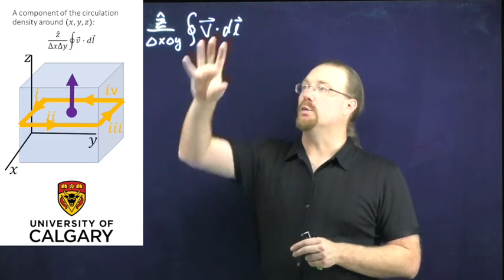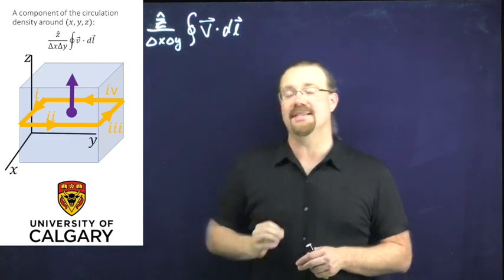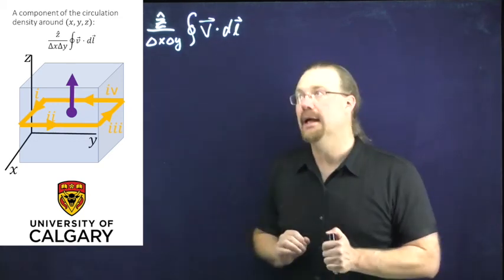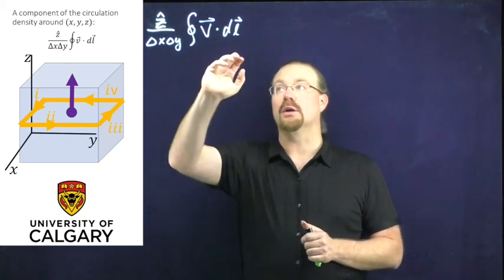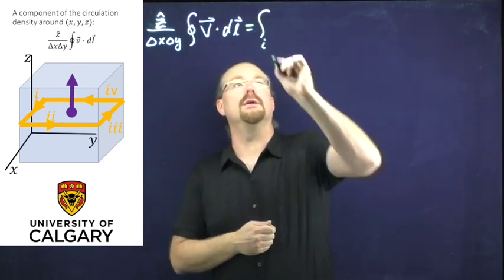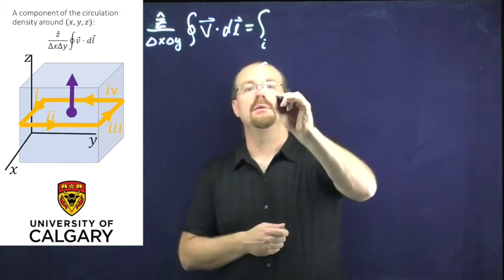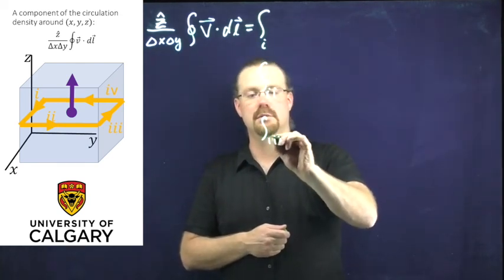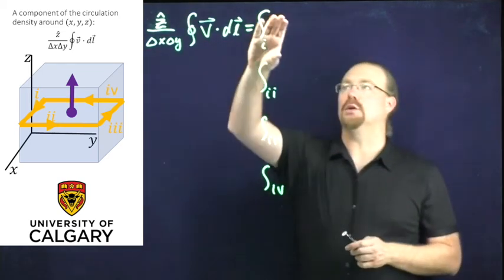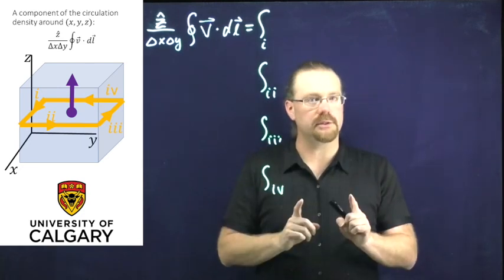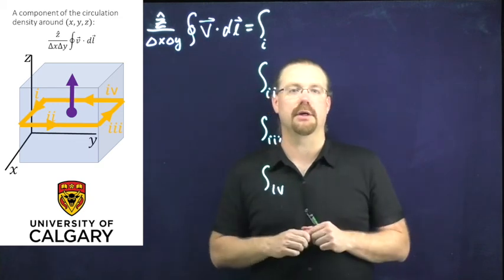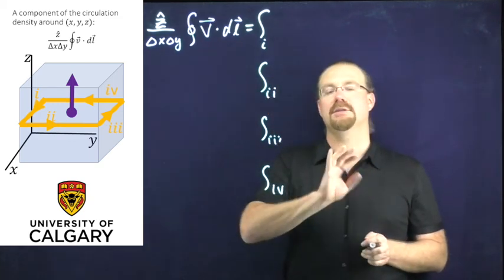We can start with the one that is pointing in the z hat direction. That's the belt around this way, as you can see in the picture. We're going to take that line integral and break it up into four parts: 1, 2, 3, and 4. Along 1, because we are traveling along the x direction, y is constant all the way throughout.